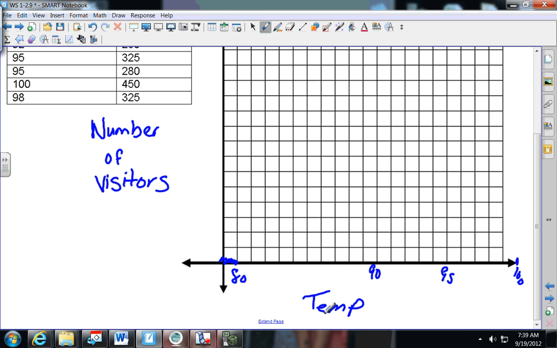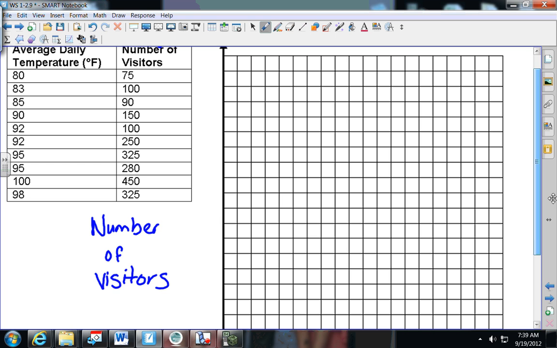Now, on the Y's, okay, the smallest is 75, right? And we're going to go up to 450. Let's see. What could we do? Maybe we could start off.